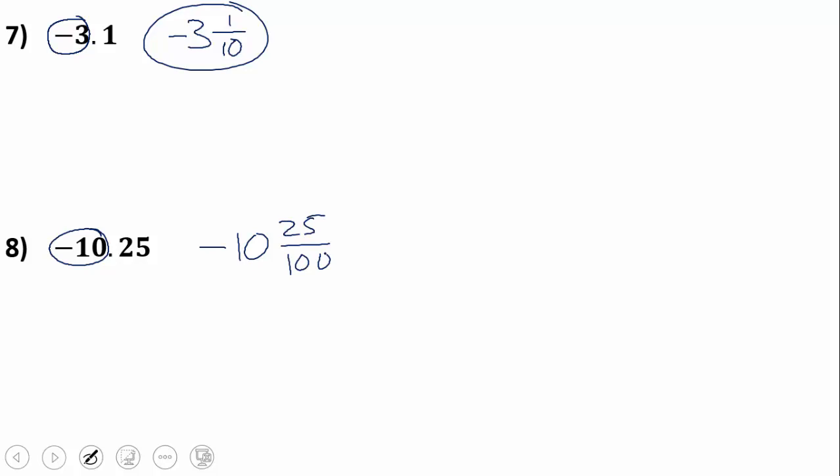And then we recognize that 25 over 100 can be simplified, and we would write the final answer by dividing by 25, by the way. That is like dividing by a fraction equivalent to 1, because 25 over 25 is 1. So we're not changing the value. We're just rewriting it, renaming it to have the same value, and that would be 1/4. All right? So negative 10 and 1/4.